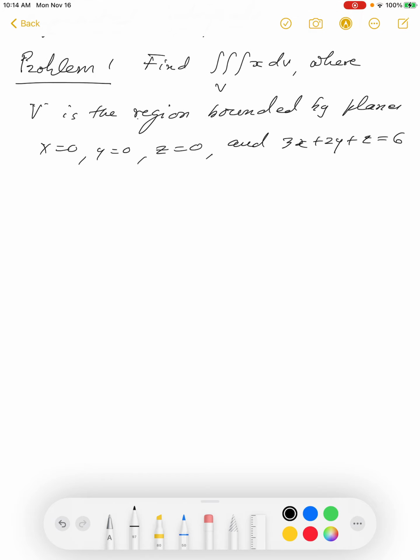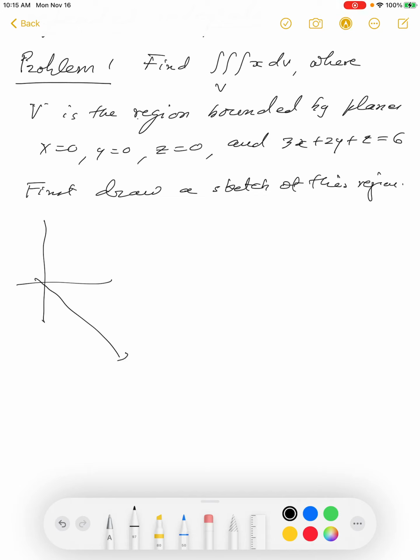So as usual, the very first thing is drawing a picture. First draw a sketch of this region. Now that's not too difficult. You know how to draw the plane 3x plus 2y plus z equal to 6. You will see when y and z are 0, x is 2, so it cuts the x-axis at (2,0,0). When x and y are 0, z is 6.